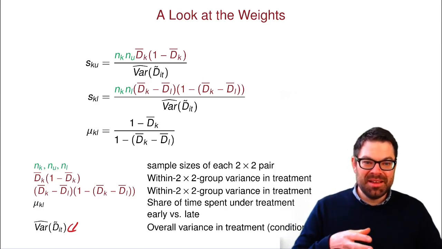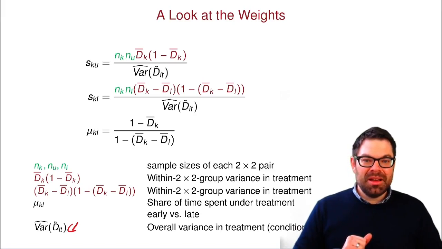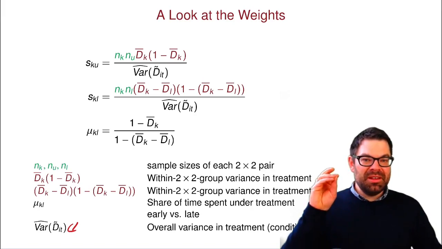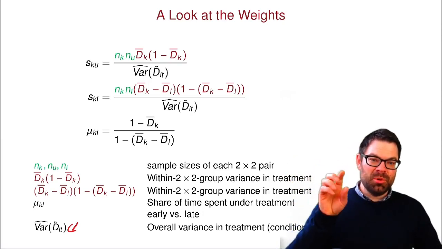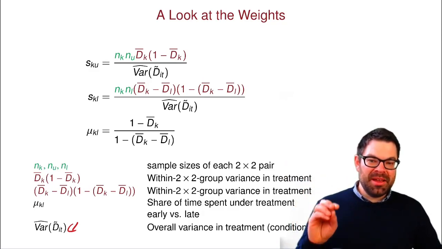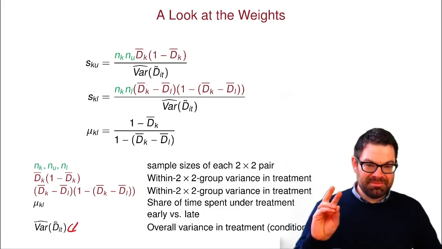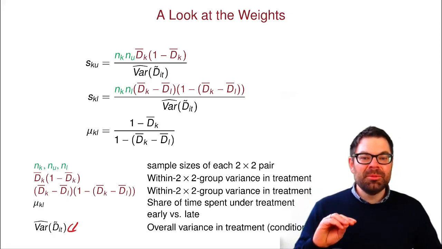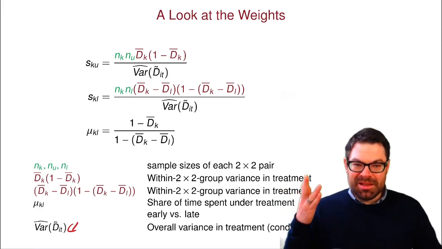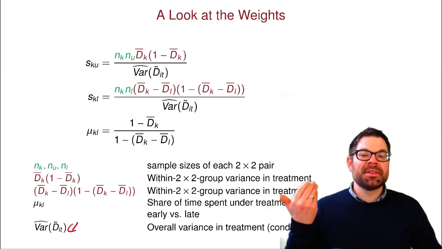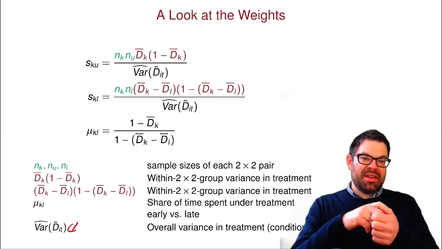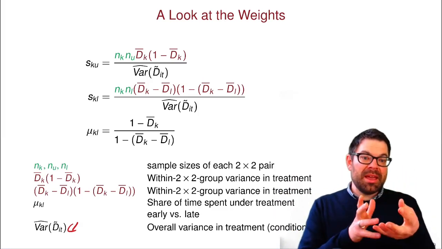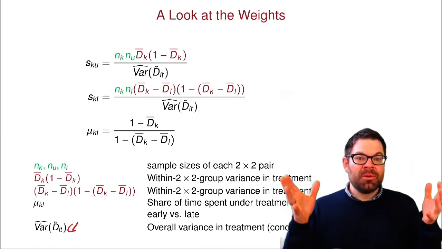So it's basically the within-group variance. So the weights, let's look first at the first 2 weights, because these are the really important ones. They depend on 2 different factors. The one factor is intuitive, which is the relative sample size. What is the relative sample size of that 2 by 2 pair relative to the overall sample?